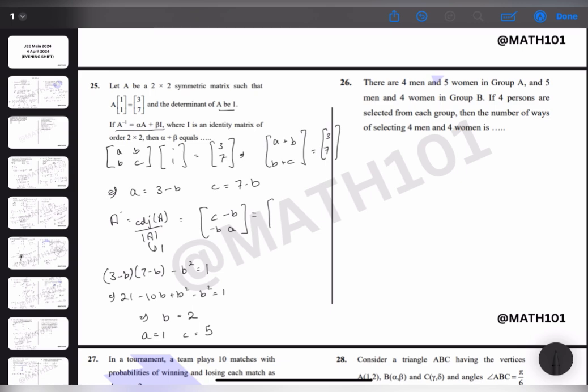So A inverse becomes [5, -2; -2, 1]. A becomes [1, 5; 2, 2]. Then A inverse equals alpha times A, that is alpha, 2 alpha, 2 alpha, 5 alpha plus beta, 0, 0, beta.